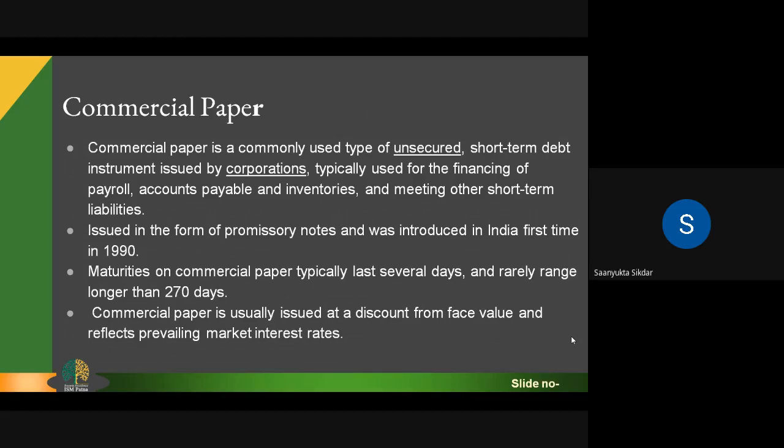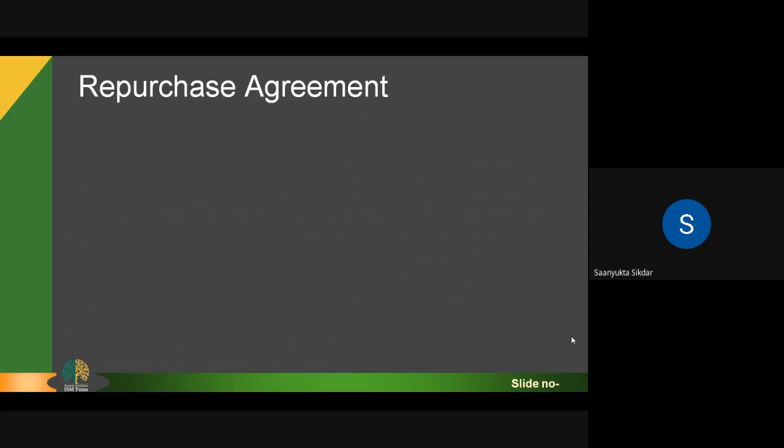High liquidity, safety, and discount pricing. These are always there. Now, among commercial paper, the certificate of deposit or the treasury bill, commercial paper is the most risky money market instrument, because it is unsecured and these are usually issued by the corporates.